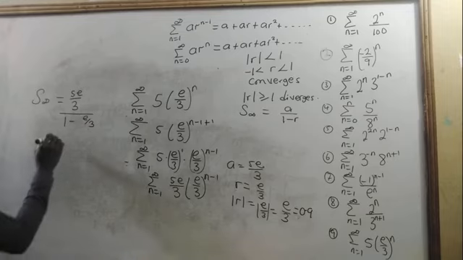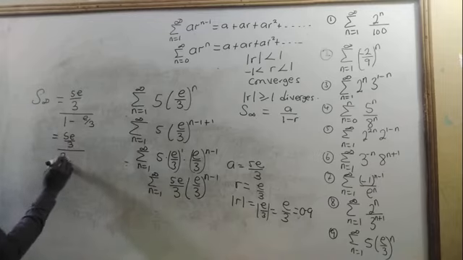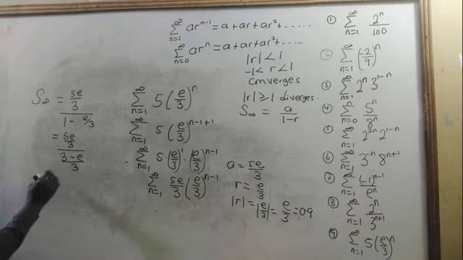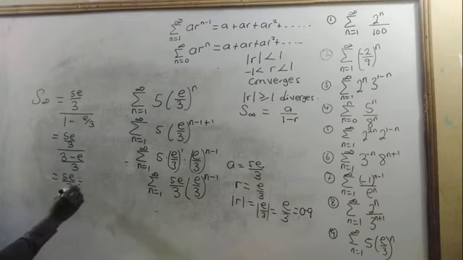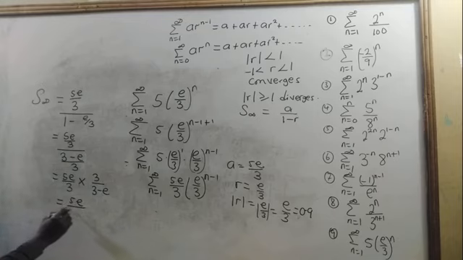So here we have 5e on 3 all divided by 3 minus e divided by 3. That will give us 5e on 3 divided by, okay, let's do times 3 on 3 minus e. So this will give us 5e divided by 3 minus e.